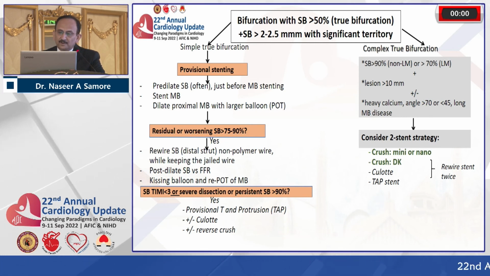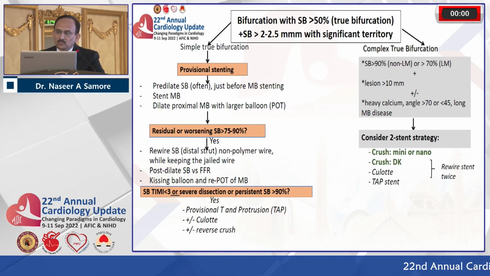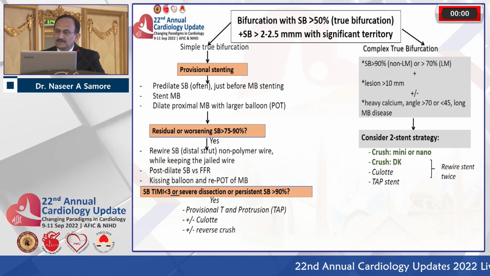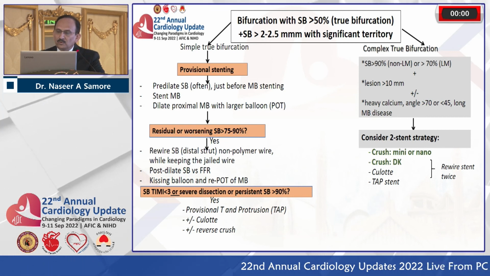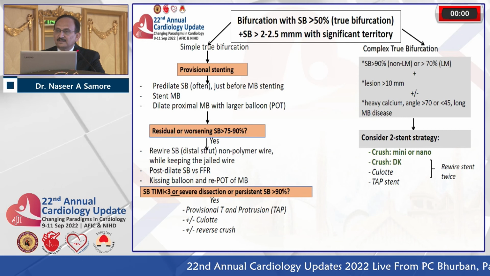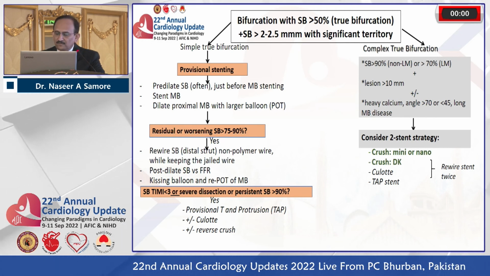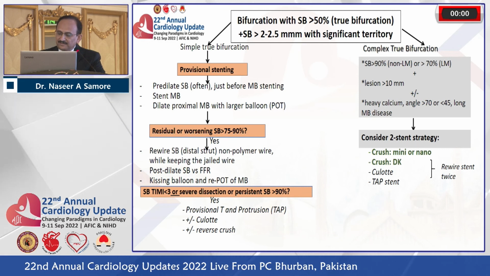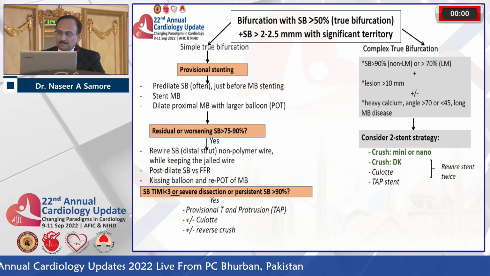If a person has a complex true bifurcation, with more than 90% side branch disease, lesion length more than 10 mm and calcification, these are the patients who should be taken for the upfront two-stent technique, and DK Crush is the best technique according to the available data.